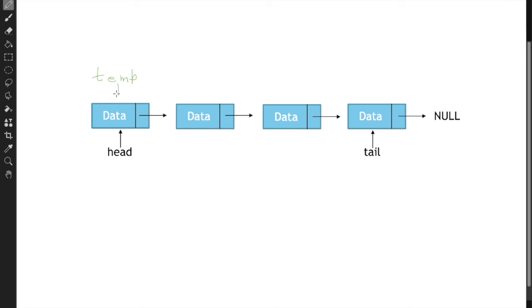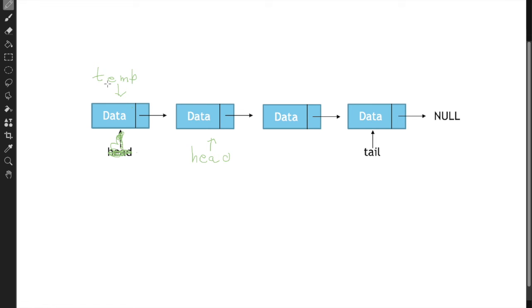Temp is now assigned to this. Next, we're going to do head equal to head of next. So my head will now point to this. This is why it is so important to use a temporary pointer to point over here before we assign head, so that this data element is not lost.